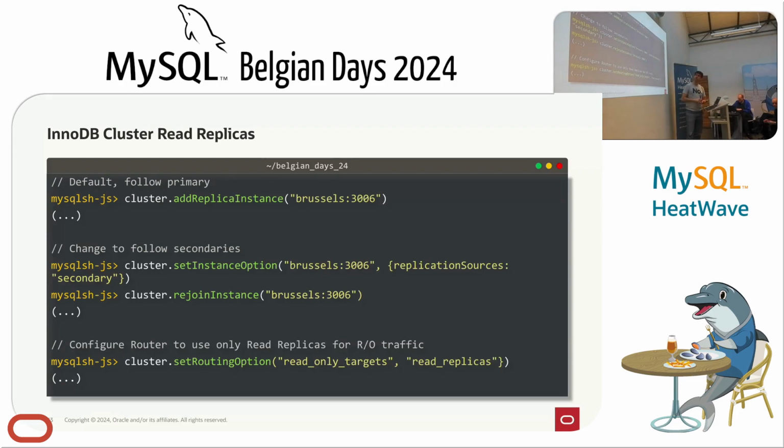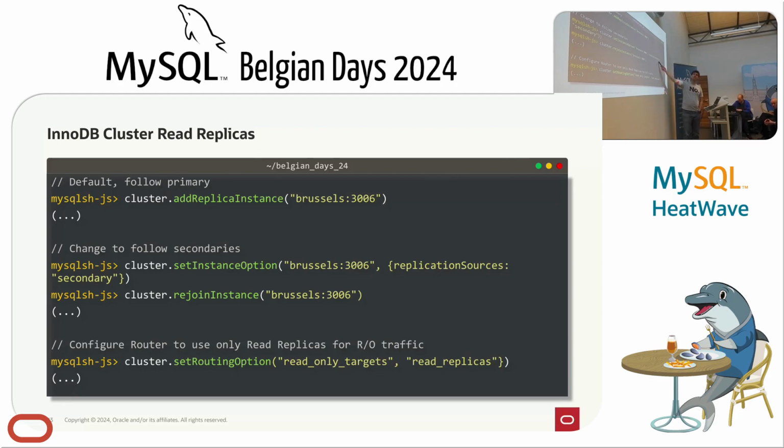Regarding read replicas, this is how the commands look. To add a replica instance, it's the same as adding an instance to a cluster. By default, we'll replicate from the primary and follow the primary, meaning if the primary is gone, it will automatically fail over to the new primary. You can change that when you create the read replica, or at any point in time using set instance option.